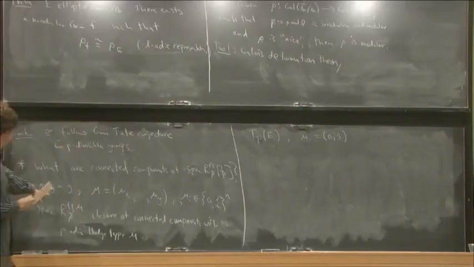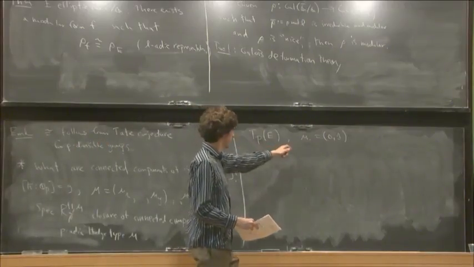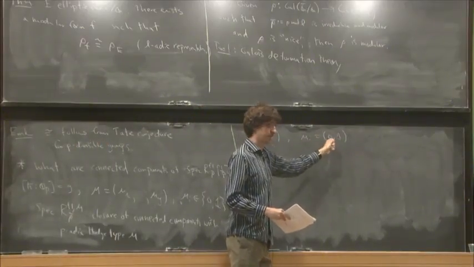So the g is related to the way the coefficients act. In this case this representation is defined over Q_p, and so all the weights would be the same.